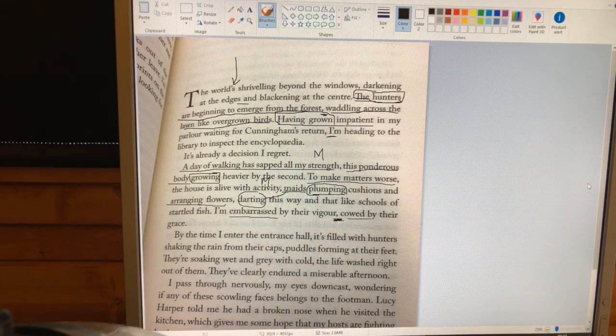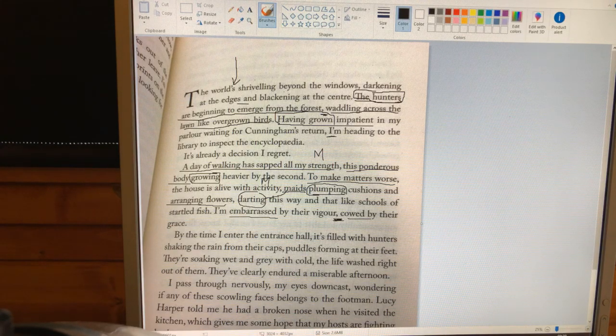If anybody out there thinks participle, you're absolutely right, because they are both participles and adjectives. Participles are adjectives. And secondly, notice that we could replace the comma with the word and. I am embarrassed by their vigour and cowed by their grace.